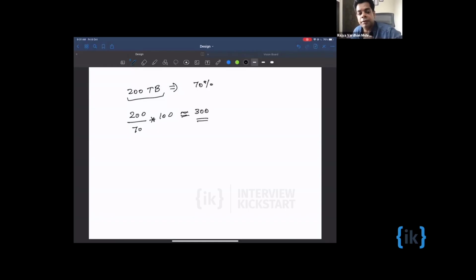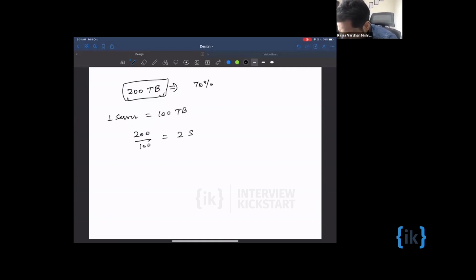Sorry, okay, I messed up. 200 terabytes is something we need to store, and we saw that one server takes 100 terabytes. So that means we need just two servers, 200 by 100.